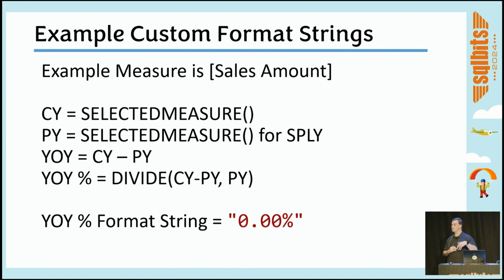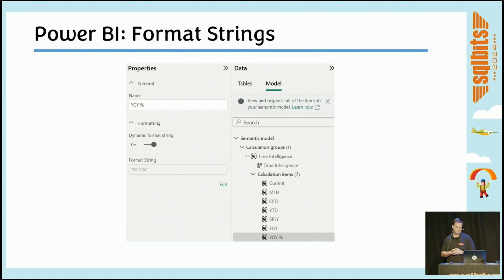Because in a percentage, you're just going to return the original measure format of a decimal. So in Power BI and Tabular Editor, you can change that to a custom format string. So if I select the year-over-year percentage, I can go in and change that format string to be percentage.